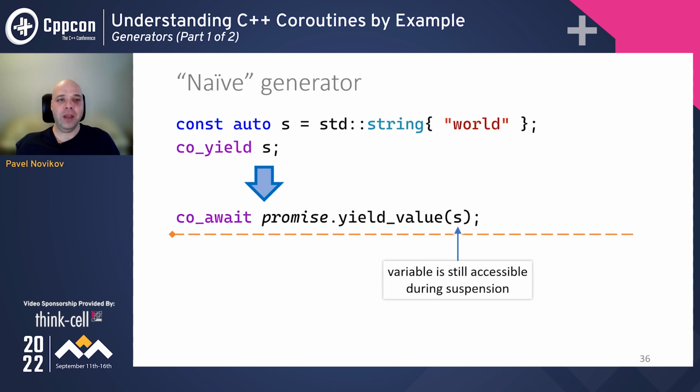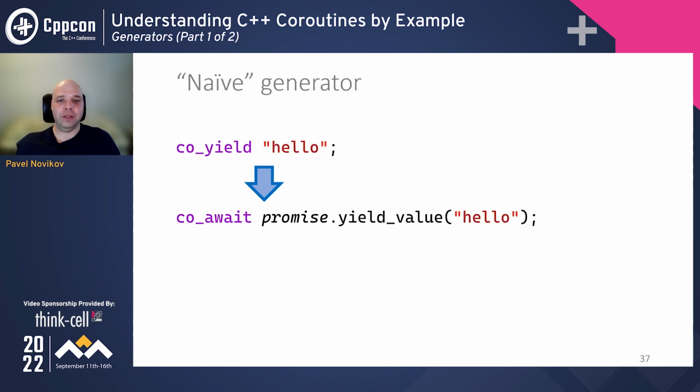So in this case, we have a constant s. We yield this constant. It is passed to yield_value, and the compiler has to ensure that it passes a reference to an object that will be available during the coroutine suspension. This basically means that this constant should be inside the coroutine frame, so it is saved during the suspension.